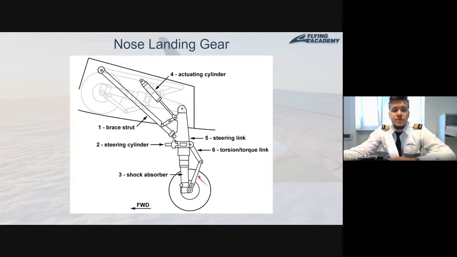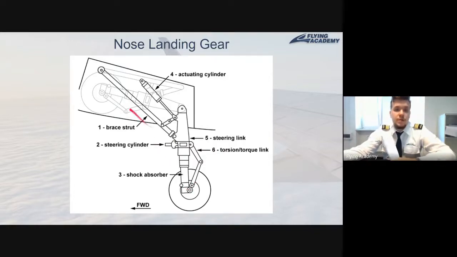The only difference will be that we have some steering cylinders which will perform the control, and our torsion link will connect not just to the oil shock absorber, but to the steering link, the part which chooses the direction of our nose gear.